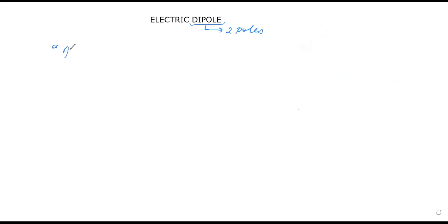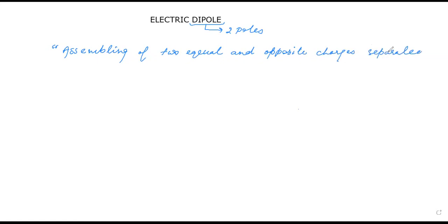So we can write here: assembling of two equal and opposite charges separated by a small distance, say 2L, constitutes an electric dipole.